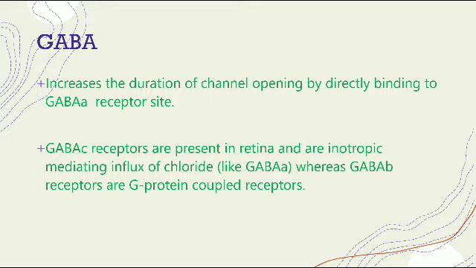GABA C receptors are present in the retina and are ionotropic, mediating influx of chloride, similar to GABA A. We have studied that GABA A is an ion channel, and it is a complex because it is associated with BZD and chloride. Similarly, GABA C is present in the retina and is ionotropic, mediating influx of chloride. Whereas GABA B receptors are G protein coupled receptors. So it increases the duration of channel opening by directly binding to GABA A.